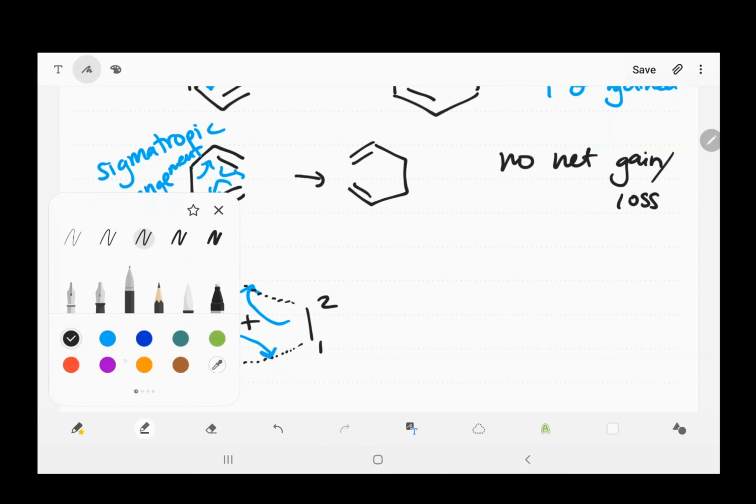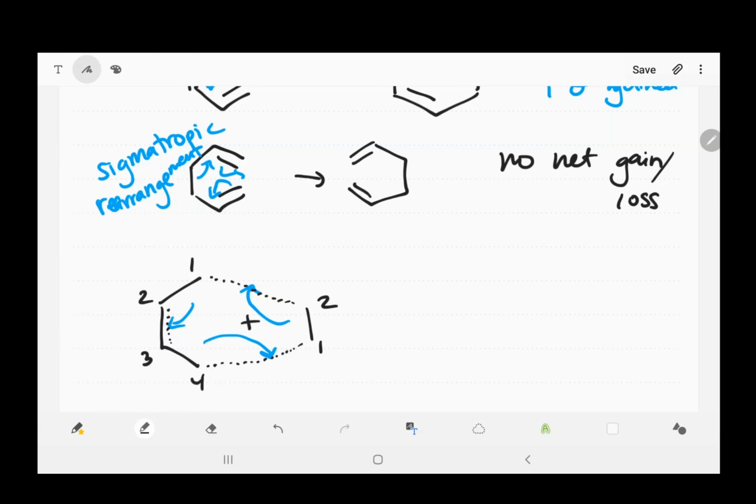We would call this a 4+2 cycloaddition. We are adding a 4-carbon pi system, so a diene, and we're adding it to a single pi system, which has 2 carbons.